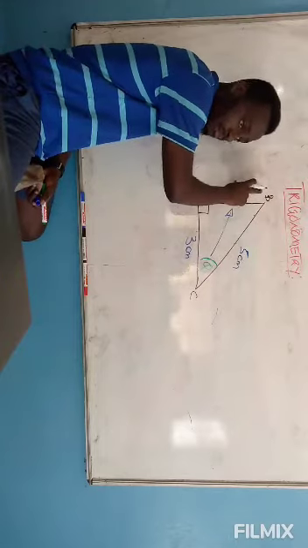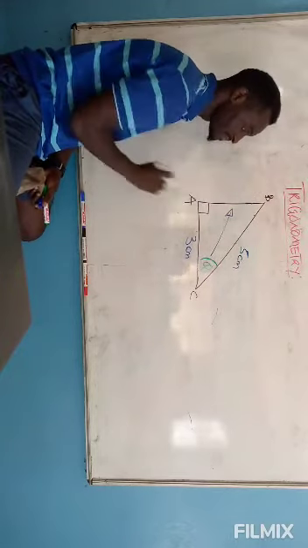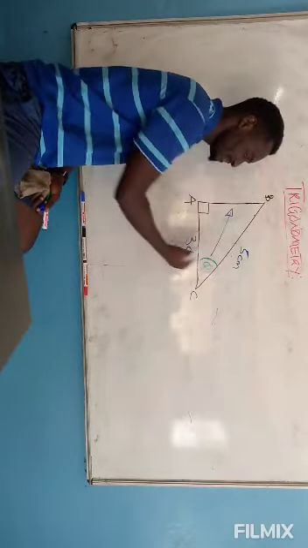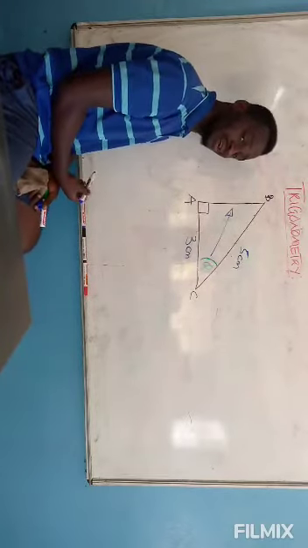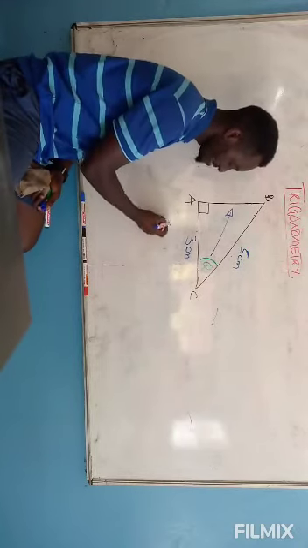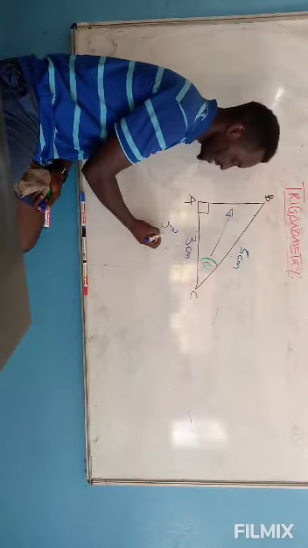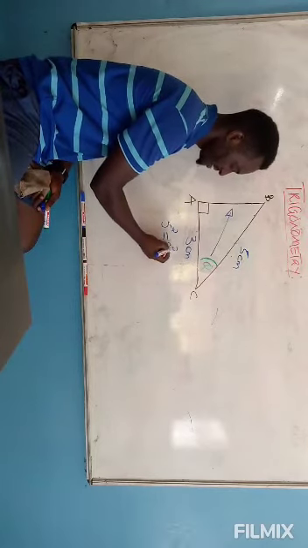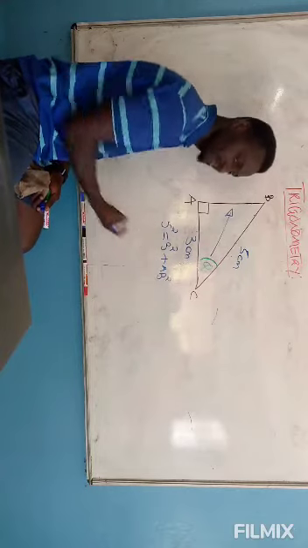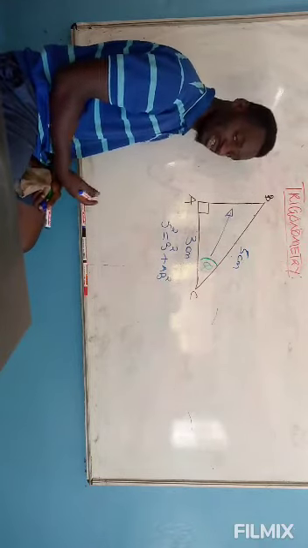This becomes easy, because you have been given 2 sides, which means you are going to use the Pythagoras theorem, where you say 5 squared is equal to 3 squared plus AB squared.